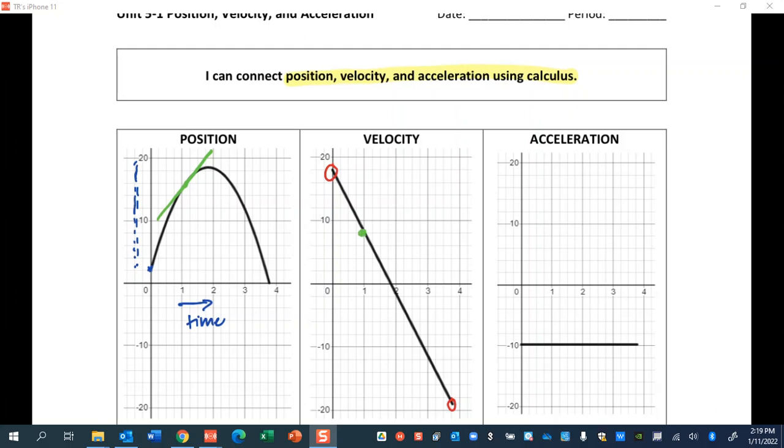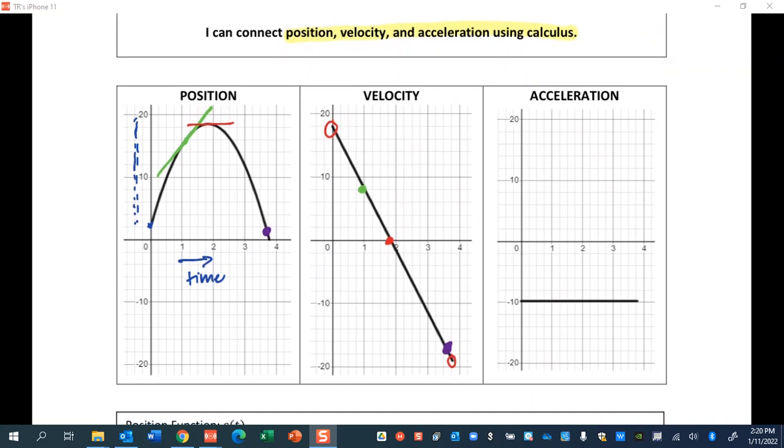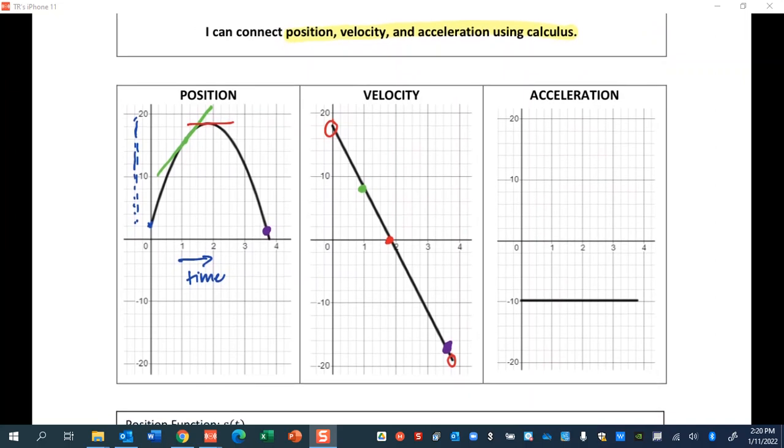This point here is going to be this point right here. And this point here, right before he crashes into the ground, is when he is going super fast. So what we're talking about, the velocity, is the derivative, that rate of change of the frog's position.